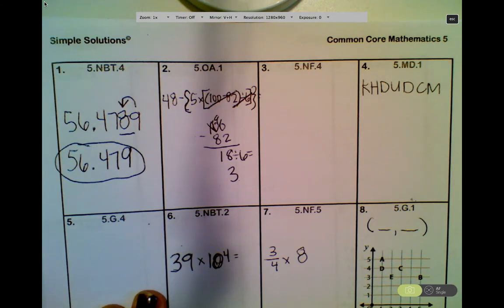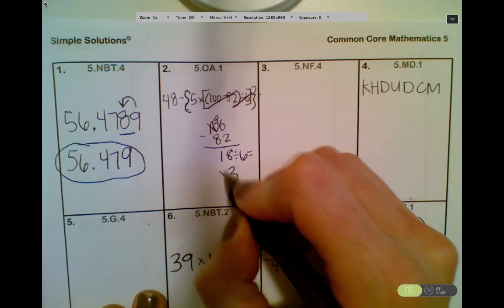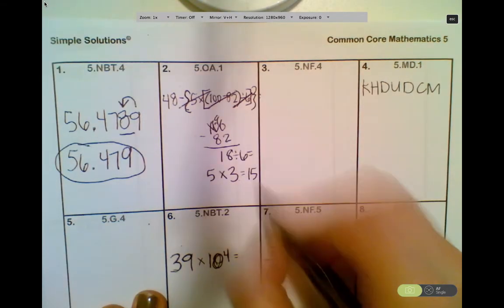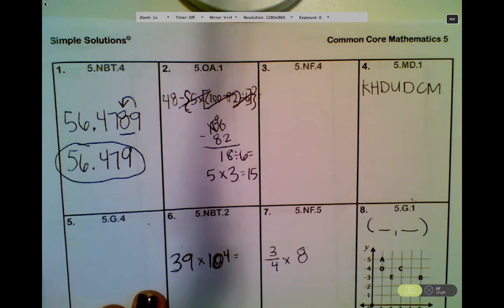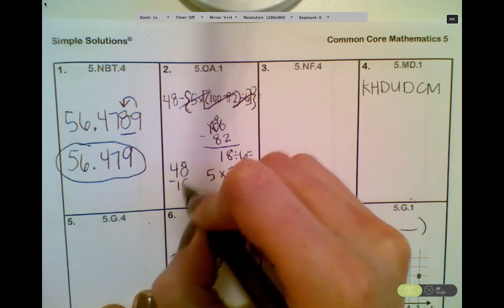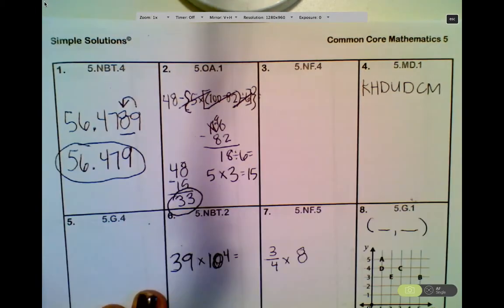The next thing inside these brackets is multiply that by 5. And 5 times 3 is 15. And then finally outside I have to do 48 minus 15, which is 33. So your answer is 33.